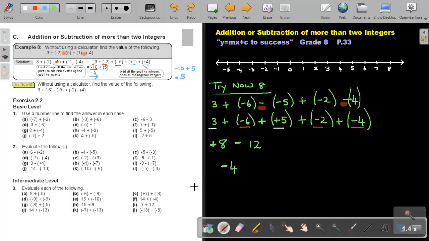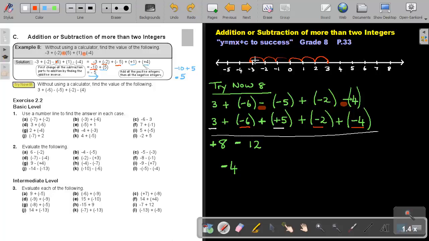Let's see on the number line if it's going to work. I just have to take this sentence, the one where everything is changed to an addition. So let's start at 3. We're just going to check if it's going to work. There's 3. Then I move negative 6: 1, 2, 3, 4, 5, 6.